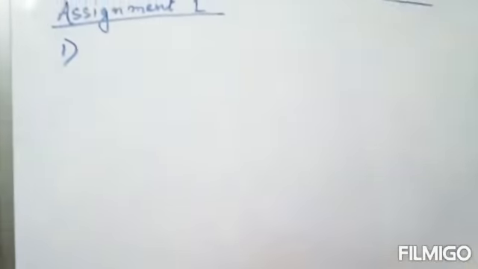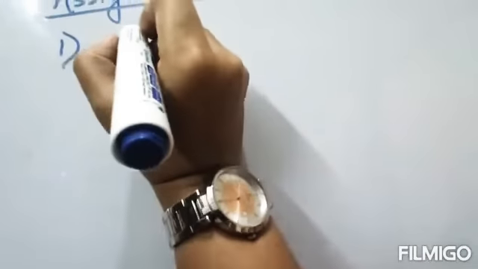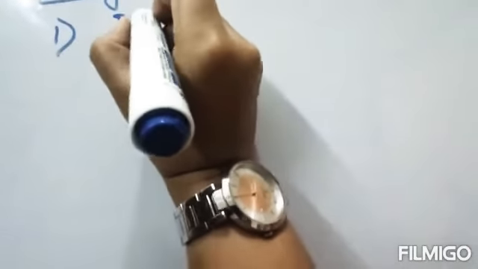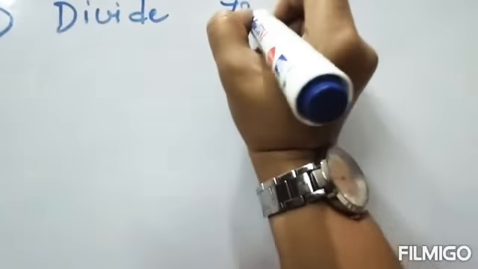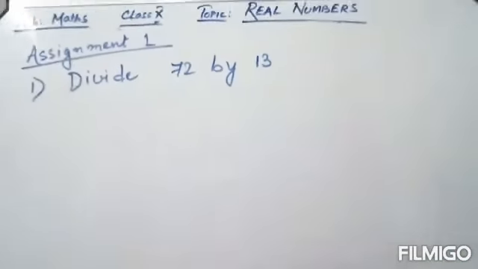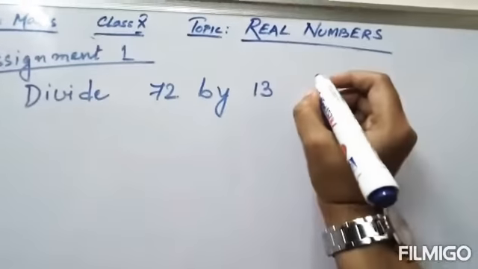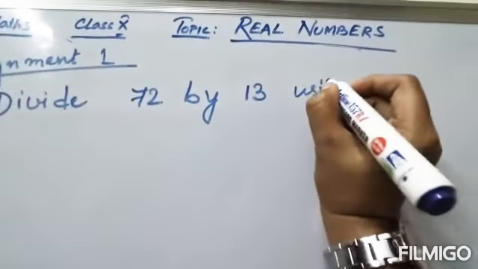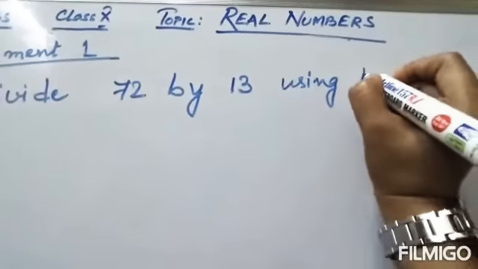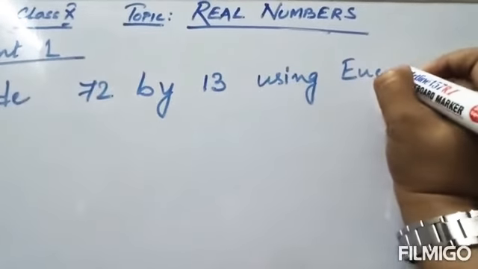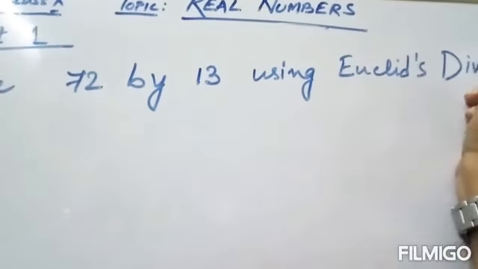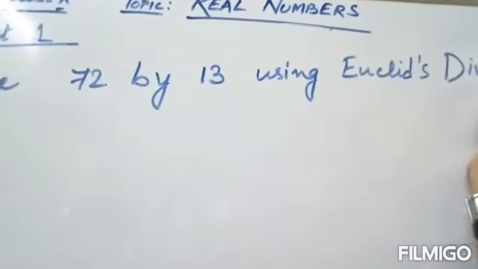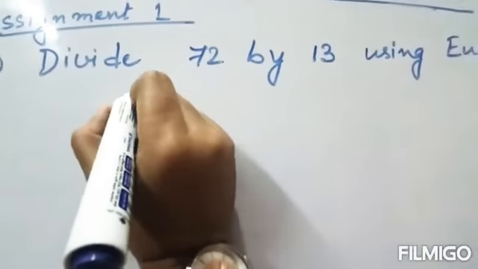First question is divide 72 by 13 using Euclid's division method.